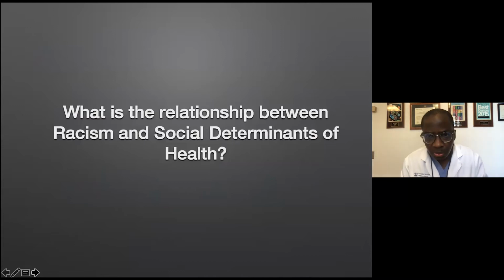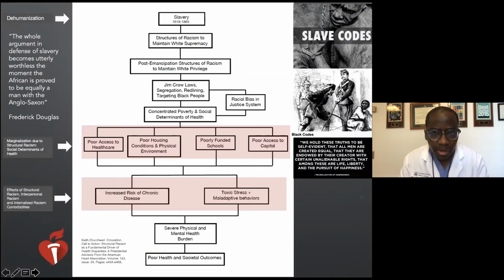So what is the relationship between racism and social determinants of health? Well, slavery is at the root of health inequity in this country, and it has its origins in the US in economics, but maintaining it required a brutal system of oppression and subjugation that would have been really hard to sustain if Black people were considered equal.